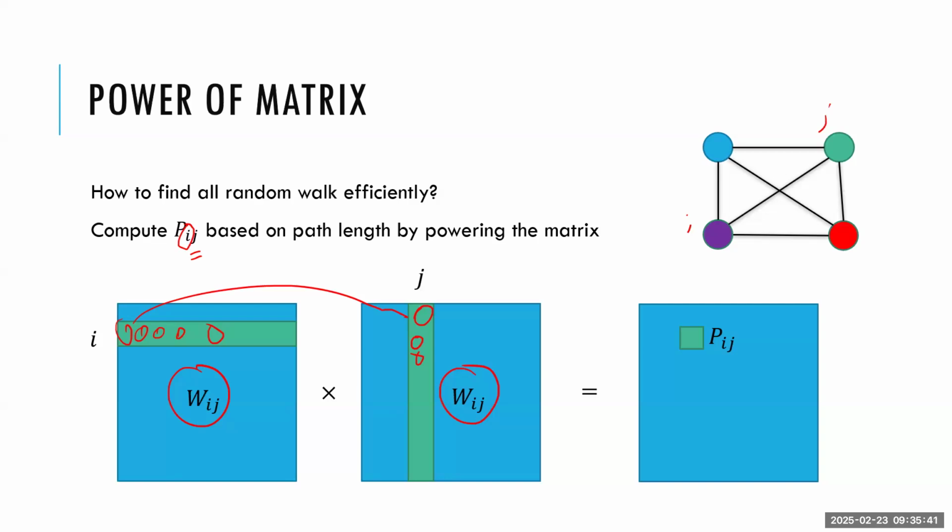This method is called a construction method. Construction means that you don't do any optimization. You construct your cost and then reach the conclusion with the cost that you start with. So this is the random walk method.